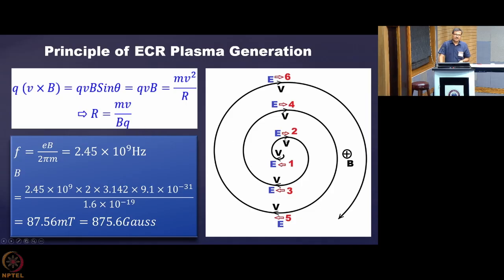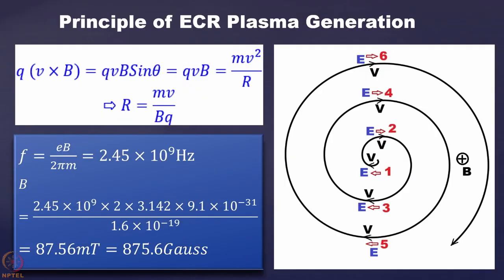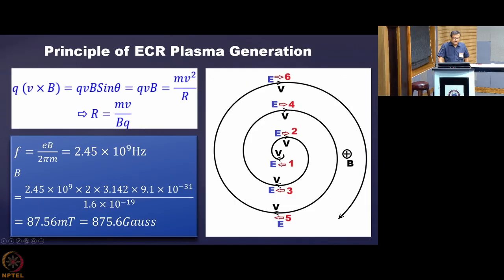Now, R is here. When it has reached here, we are using a linearly polarized electric field. That is, the electric field is oscillating only in the x direction. Suppose this horizontal direction is x. So, once it is positive x, next time it is negative x. And from this orbit, if I want to energize that electron using an external electric field, then at this point I need to apply the electric field in this way.